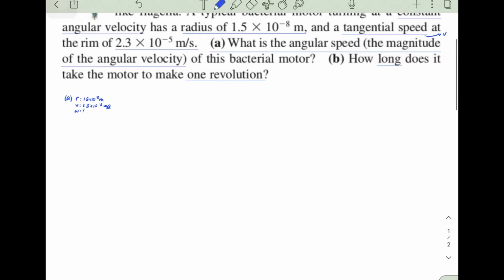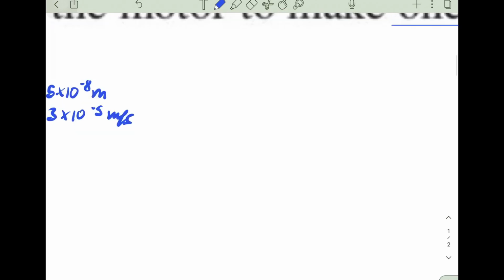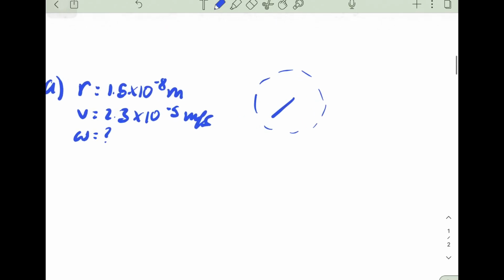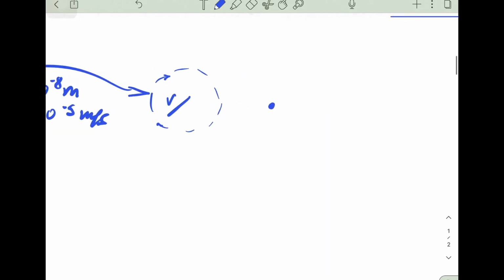To picture this, let's say this is the bacteria and this is the flagella, turning. The radius here is r, and this whole circle is the path the flagella follows.